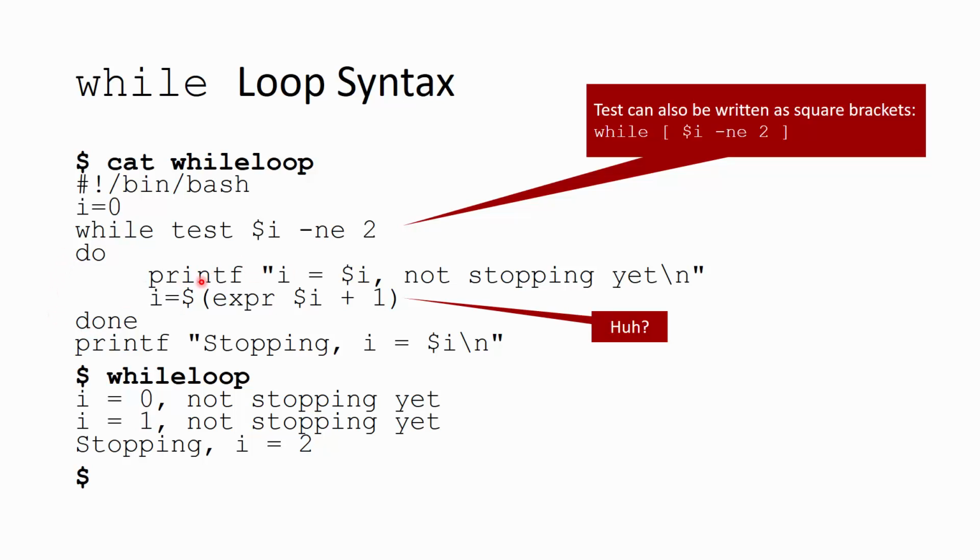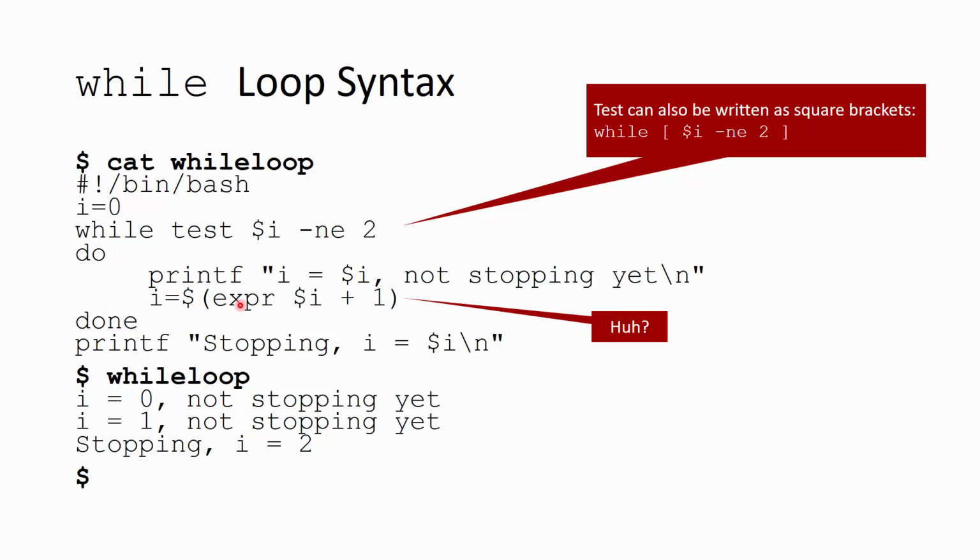So the first line inside my while loop is my printf. I is equal to $i. So it's basically going to tell the user, here's what I currently is, and I haven't stopped yet. And then this line is how we increment I upwards numerically. And we're going to talk more about what this is in a second, but this is going to increment it each time through this loop.